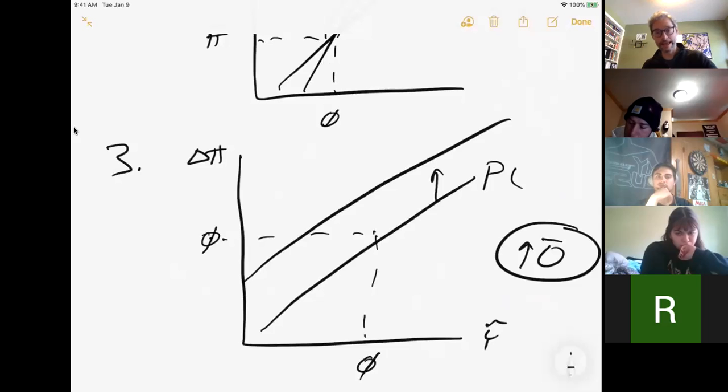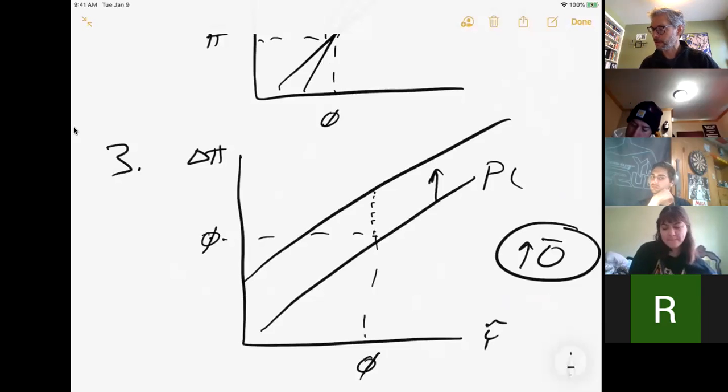An increase in O is a negative supply shock, and shifts our Phillips curve up. What should this do? Assuming the short run output doesn't change, it should drive us up towards higher inflation, right?